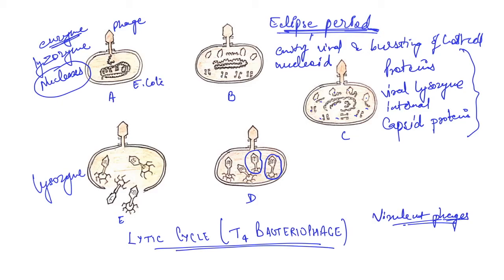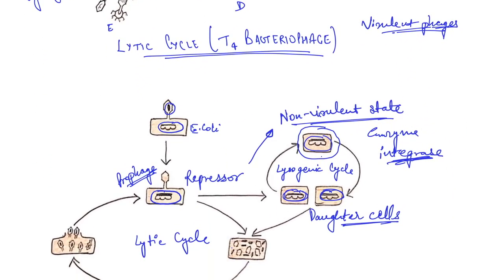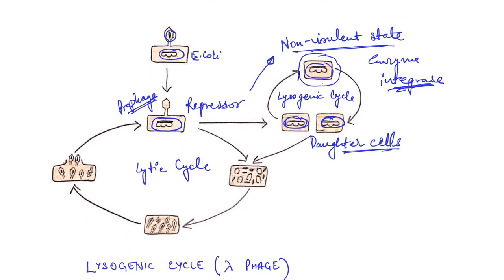However, the other cycle, that is the lysogenic cycle, is different. The bacteriophage gets attached with its tail and injects the phage DNA into the cell directly. Once that is done, it produces a non-virulent state, which is virulent in the case of the lytic cycle.